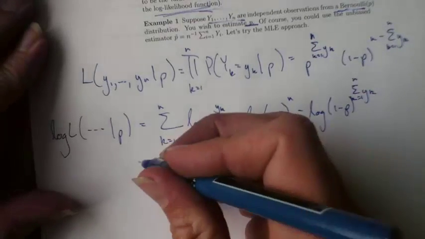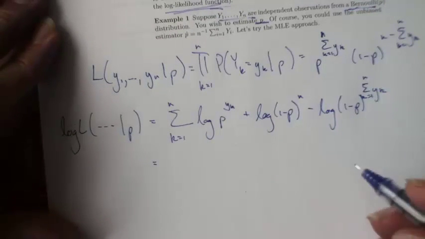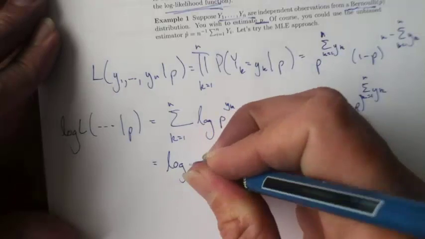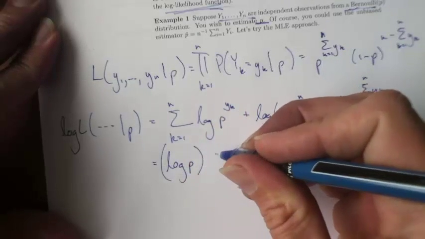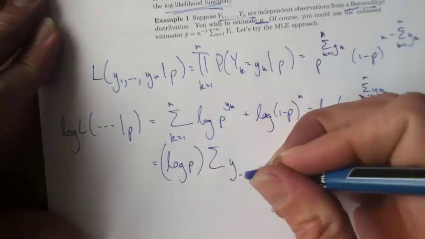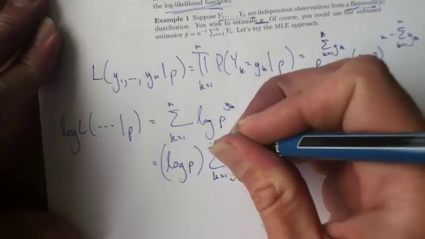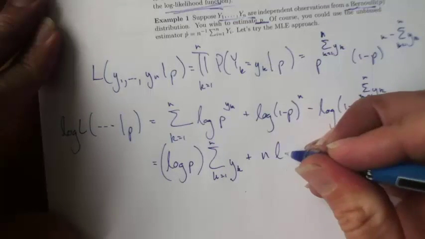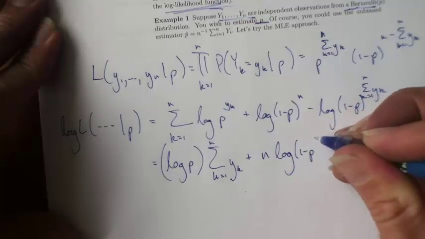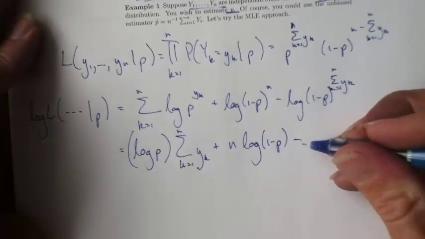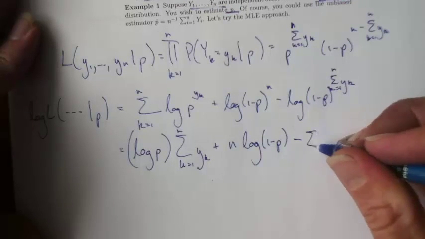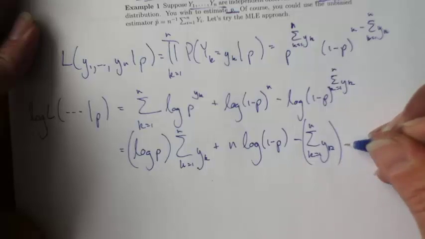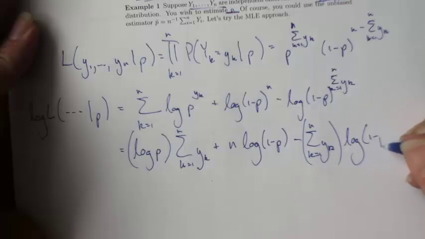So I get log of p times the sum of the yk, k goes from 1 to n, plus n log of 1 minus p, minus the sum yk, k equals 1 to n, times the log of 1 minus p.